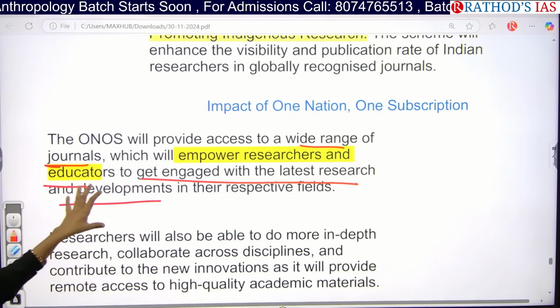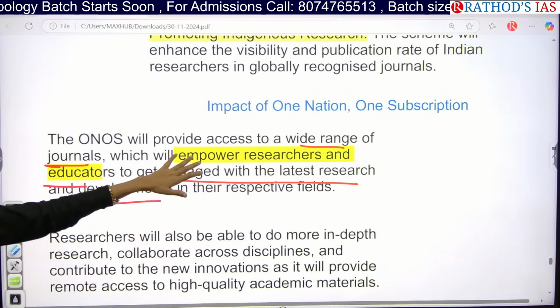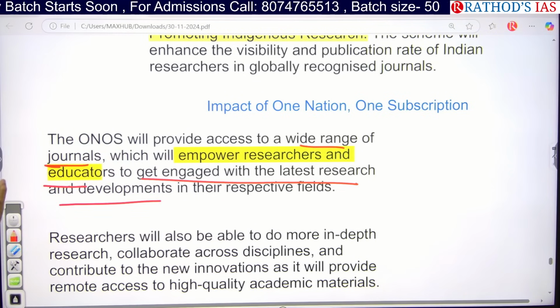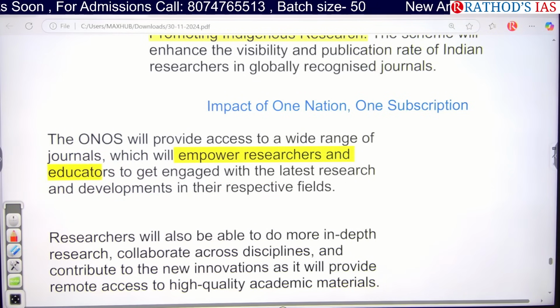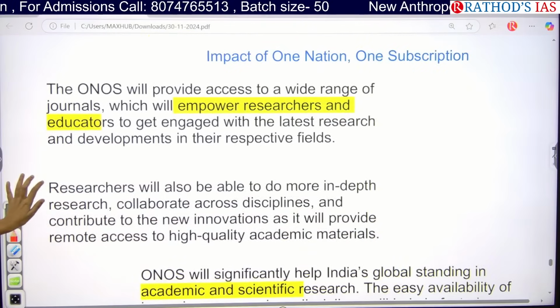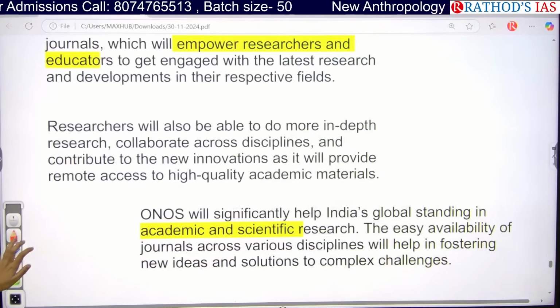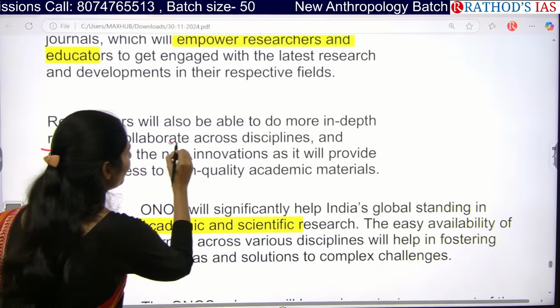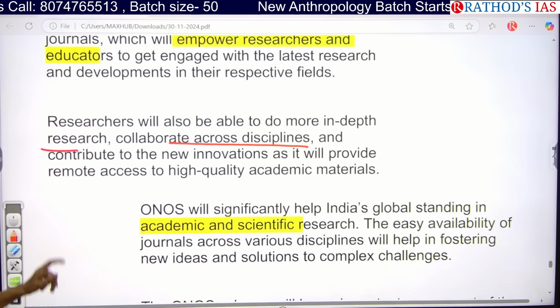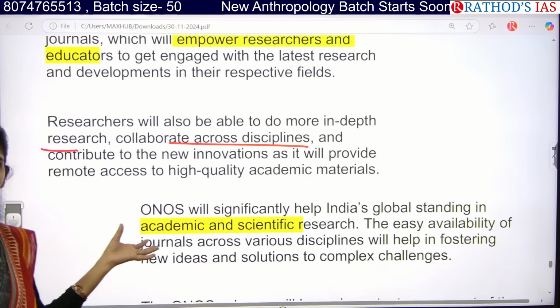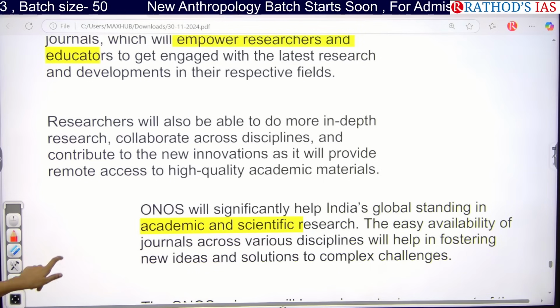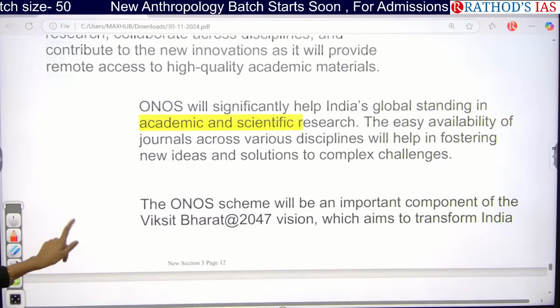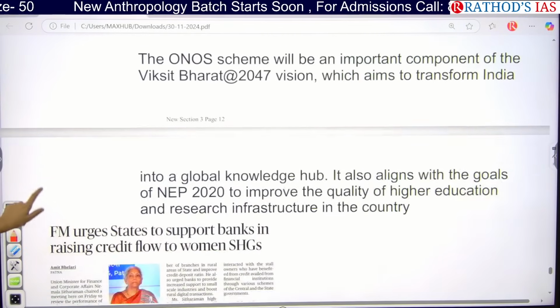Okay, we will be having an online access for these researchers, so that will be empowering these educators to get into the details of the recent research and development, so that it will be helpful for in-depth research, and will be also helpful for collaborating in different disciplines, and as such we can come up with new innovations and high quality academic materials as well. Okay, so that is the thing. So I'll be talking about this topic in detail in tomorrow's class.